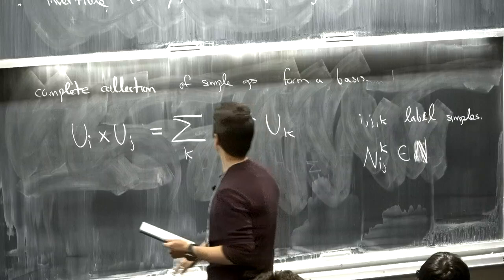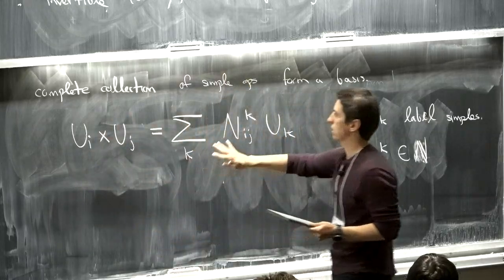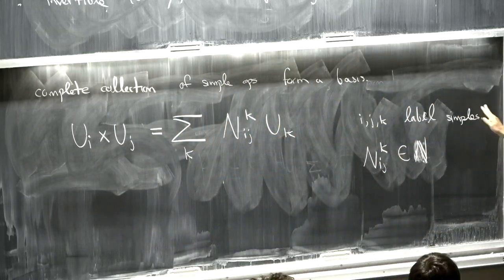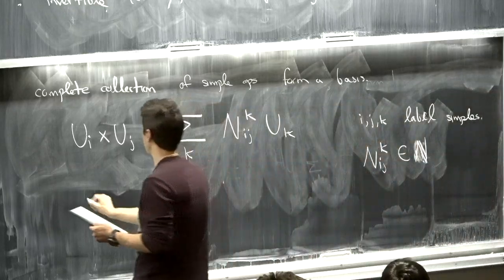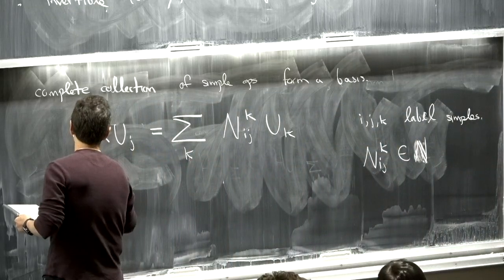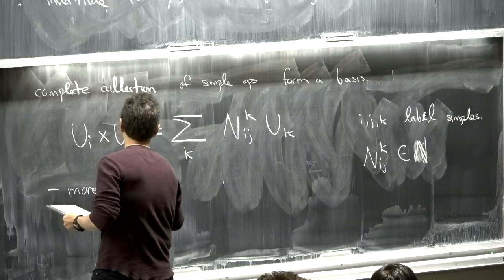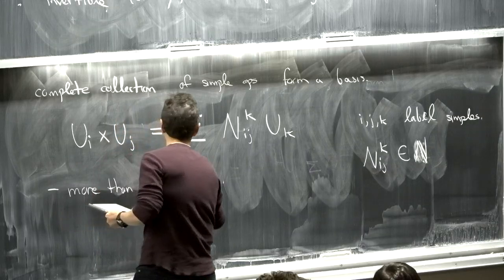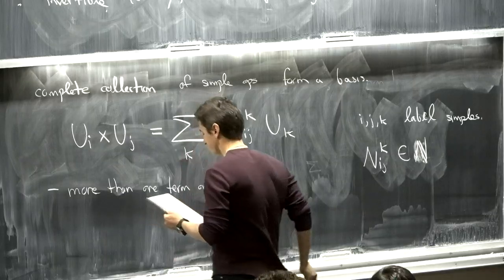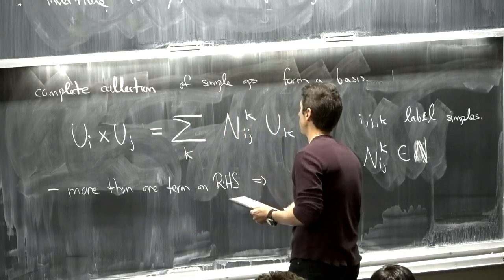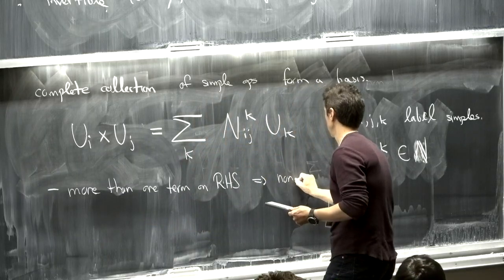So this is kind of the starting point equation to invite you to consider the algebraic structure of non-invertible symmetry. More than one term on the right-hand side, this is the hallmark of non-invertible symmetry.